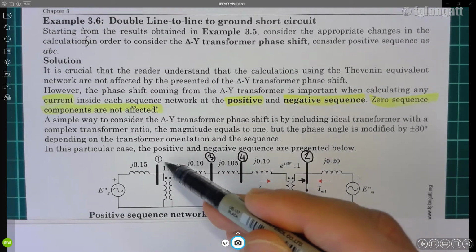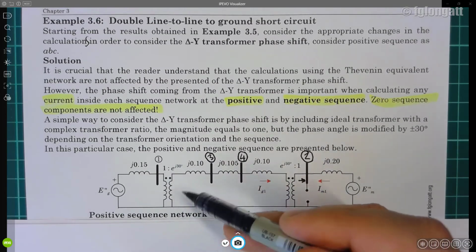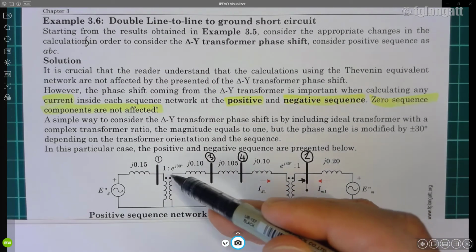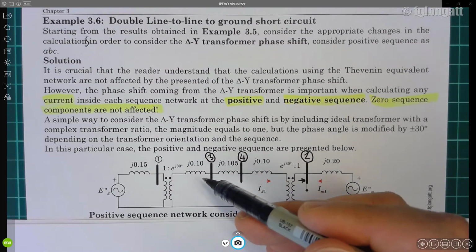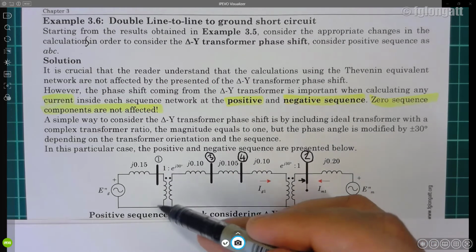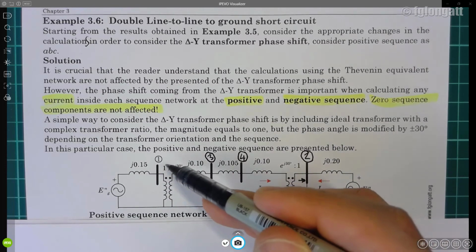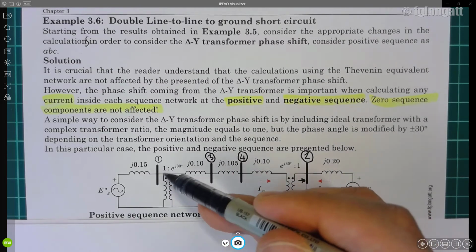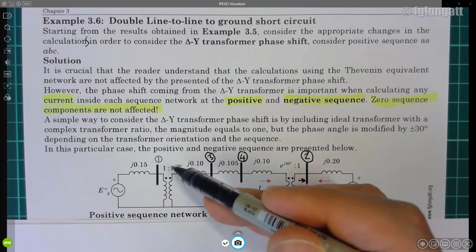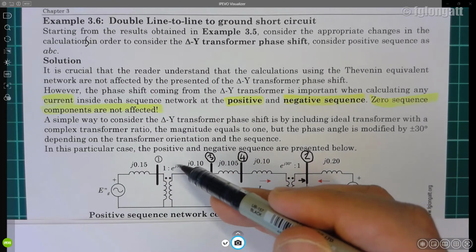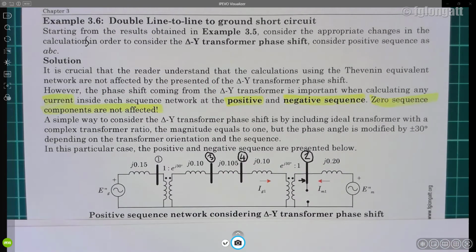However, we are not calculating any variable on this side, but again, between 1 and 3, there is a star delta connected transformer, and what I am doing is including a phase shifting transformer. There are no changes in the voltage or current amplitude, but there is a 30-degree change, rotation or shift when you move here, okay?